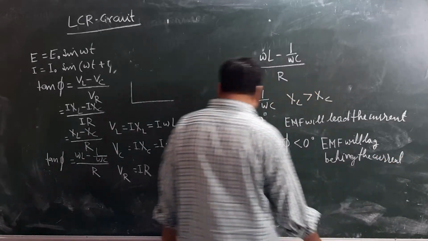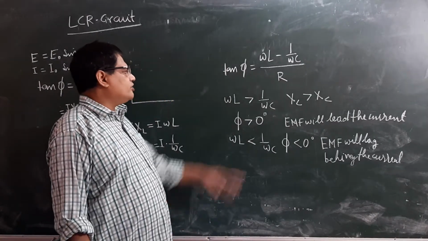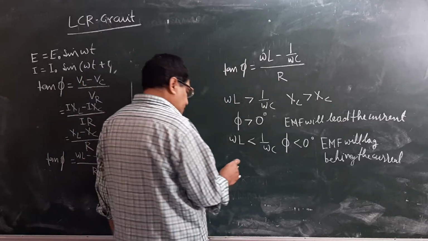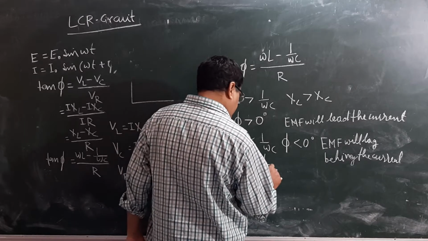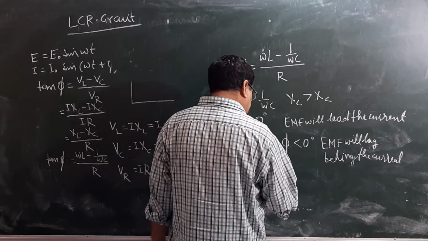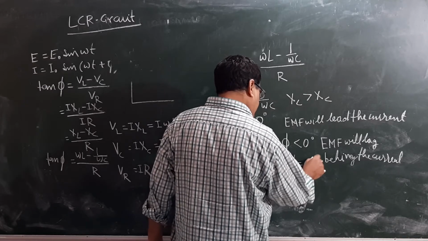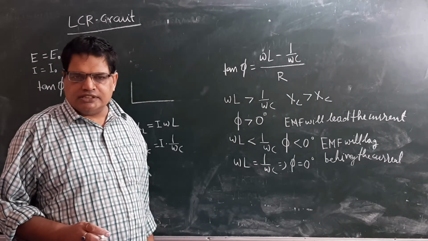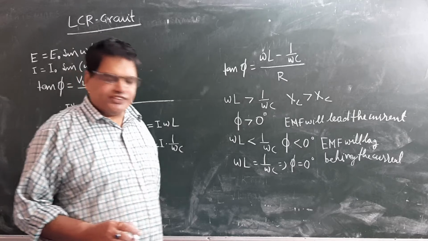Okay. Now suppose we take a condition where omega L is equal to 1 by omega C. In that case, what is the value of phi? Phi will be equal to 0 degree. There is no phase difference between EMF and current, that is, EMF and current will be in phase with each other.